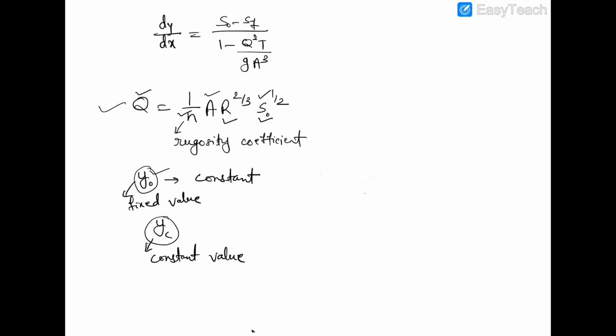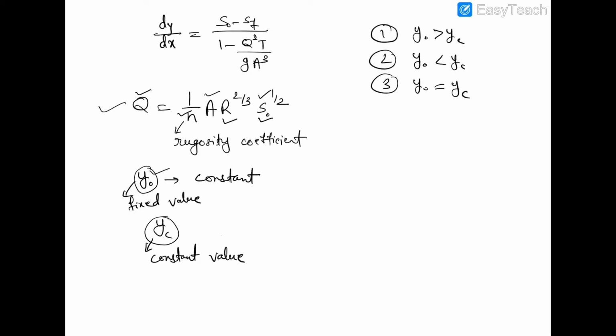So in this way, there are three possible relations between Y naught and YC. The first one is Y naught is greater than YC, Y naught is less than YC, and Y naught is equal to YC.